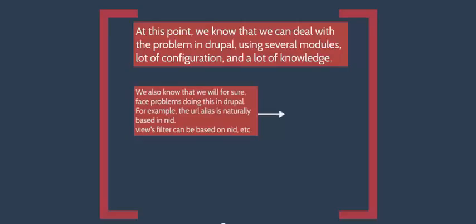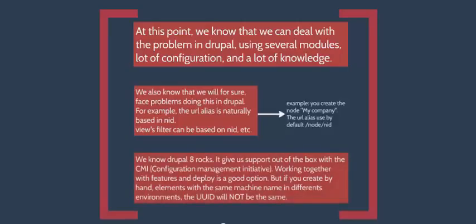Finally, we know that Drupal 8 is doing a good job in order to fix this, but the Drupal 8 approach is to use the Universal Unique ID, and if you create elements by hand in several environments, the Universal Unique ID will be different in those environments.